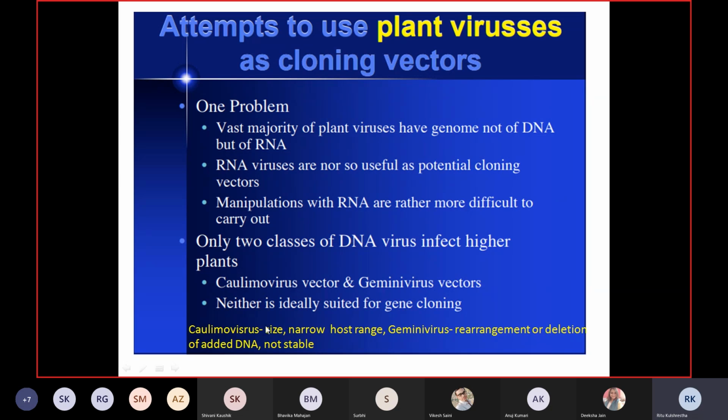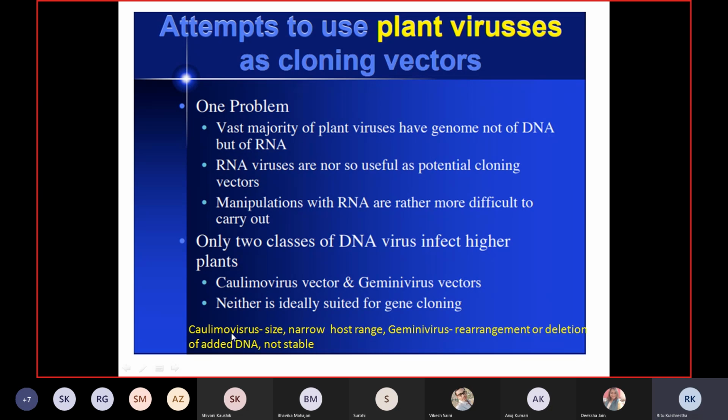The disadvantage of cloning in caulimovirus is the size of the insert is not that big that you can transfer in, or clone in these viruses, because the problem is that it has to get encapsulated within the head of the virus, and also it suffers from narrow host range.